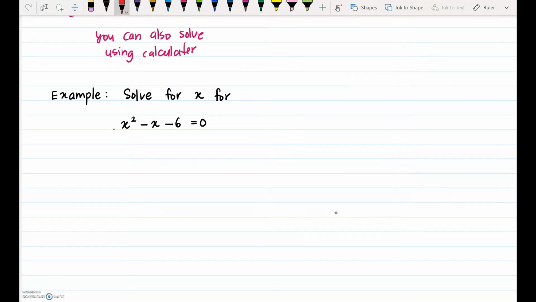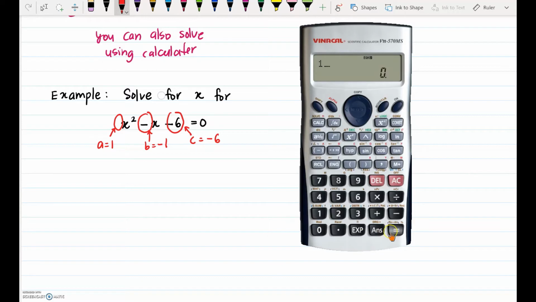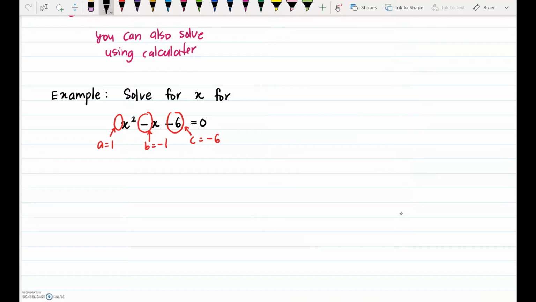A dia 1, B dia adalah negative 1, and C dia adalah negative 6. So when you use calculator, your A is 1, your B is negative 1, and your C is negative 6. And you will get x1 equals to 3, and x2 equals to negative 2. So make sure jangan terus tulis jawapan.